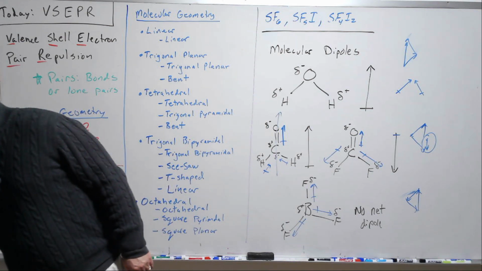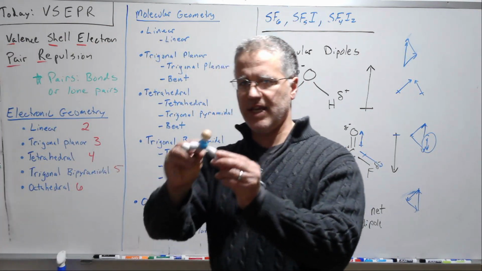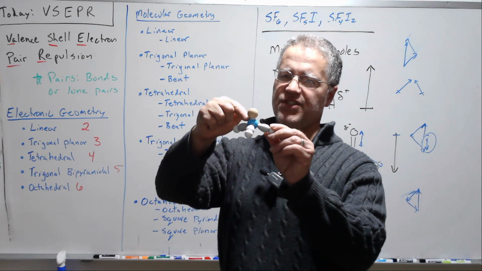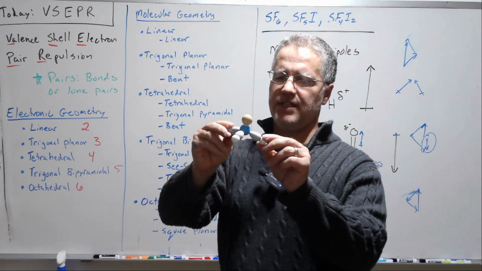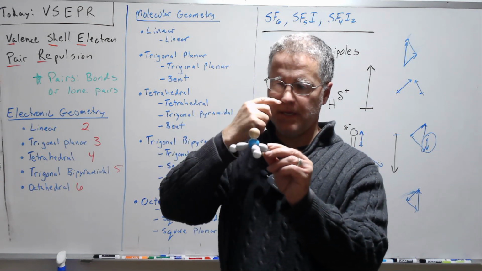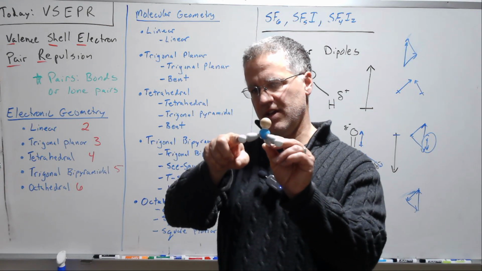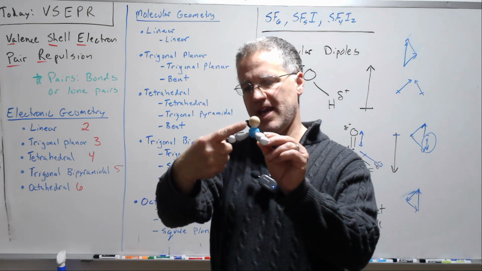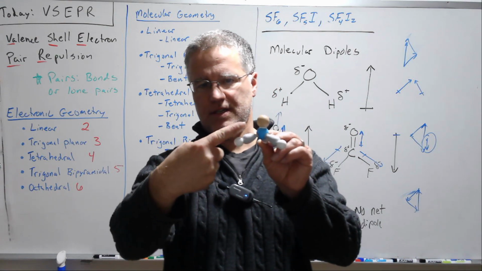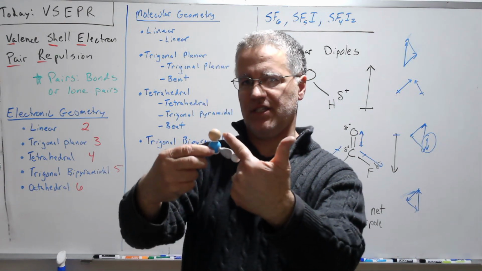Let me just quickly go to 3D here. Let's look at ammonia. So imagine this is a nitrogen, and these are the hydrogens. Now don't worry about the lone pair here. We just look at any pair and say, oh, nitrogen is more electronegative than hydrogen, so there'll be a net polar bond in this direction, and likewise this way and this way.